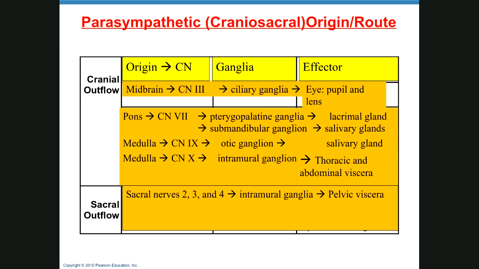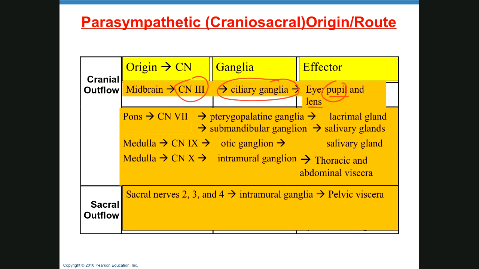So the ganglia of cranial nerve number 3 is called the ciliary ganglia, and the postganglionic neuron is going to leave the ciliary ganglia and reach the eye, and innervate the pupil and the lens of the eye. The postganglionic neuron is actually going to pierce the eyeball, go inside the eyeball, and innervate the pupil and the lens.